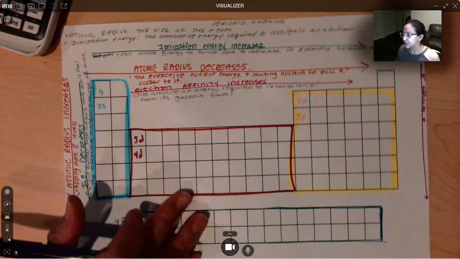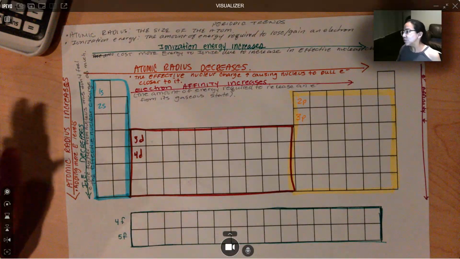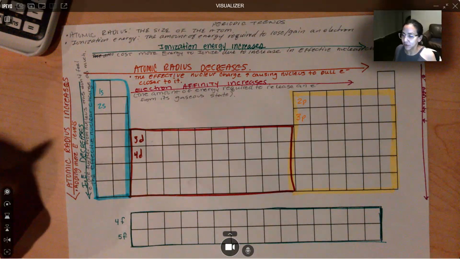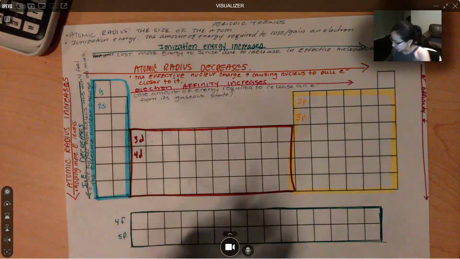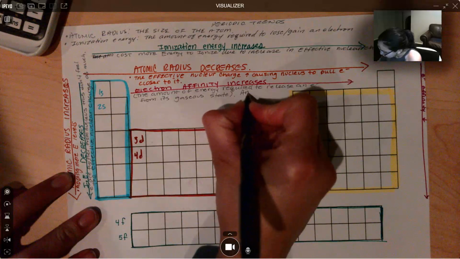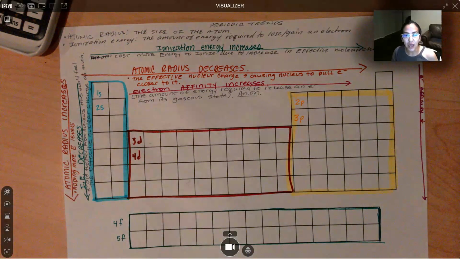Basically that means your element has to be in a gas, and when it's in a gas, then the electrons can move about. So the amount of energy required to ionize it and turn it into an anion.